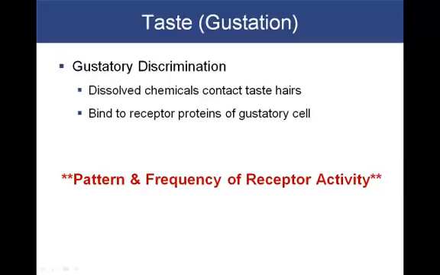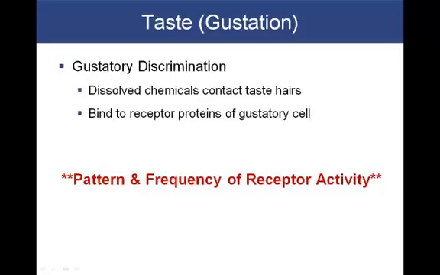How, with only a handful of different taste sensations, can we discriminate between the thousands of tastes that we've experienced in our lives? Again, it's the pattern and frequency of receptor activation.